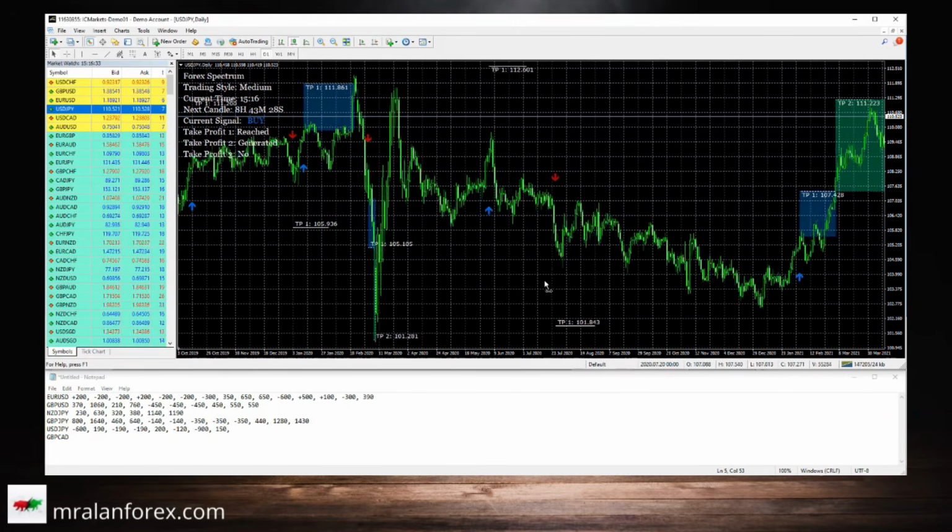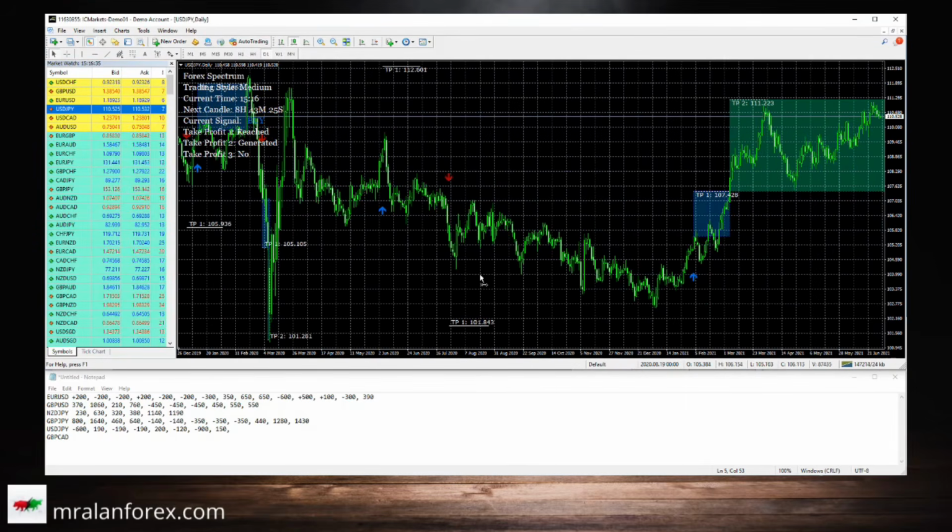Okay, now we're long. The first take profit's hit, 180, and we're not quite at the second take profit, but we still have 2 outstanding, about 500 each. So 180 and then 80, and we've got 2 500s, so that's 1,000 outstanding.